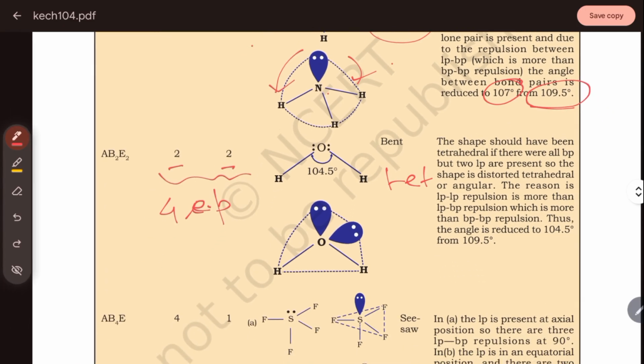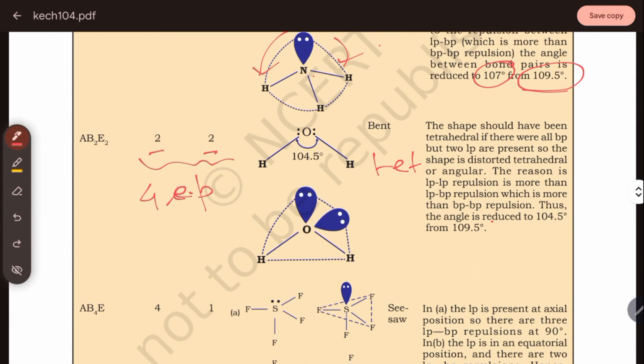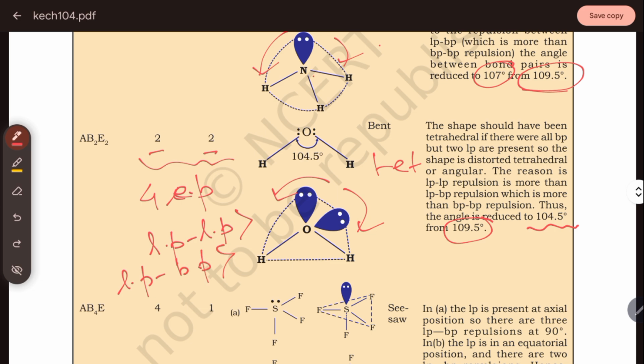Here the expected bond angle is 109 degrees 28 minutes or 109.5 degrees, but actually it is 104.5 degrees because there are 2 lone pairs, and so here there is not only lone pair bond pair repulsion but lone pair lone pair repulsion, which is way greater than lone pair bond pair repulsion and greater than bond pair repulsion.